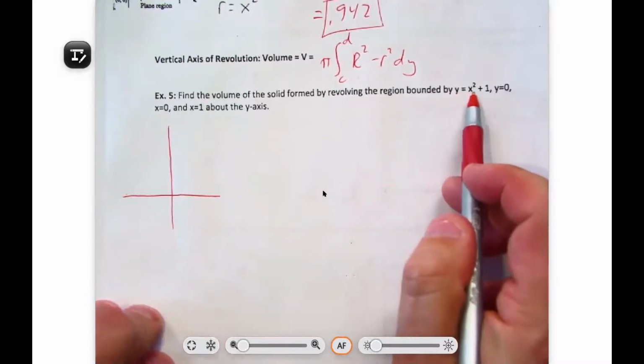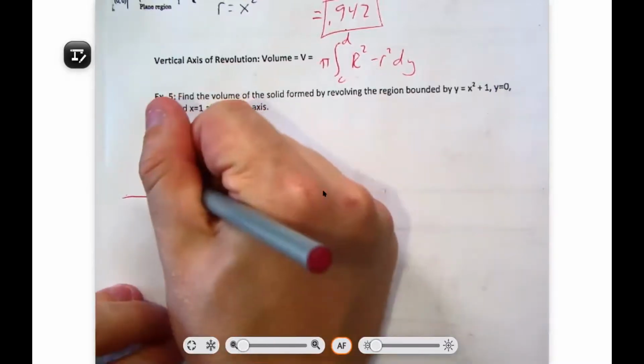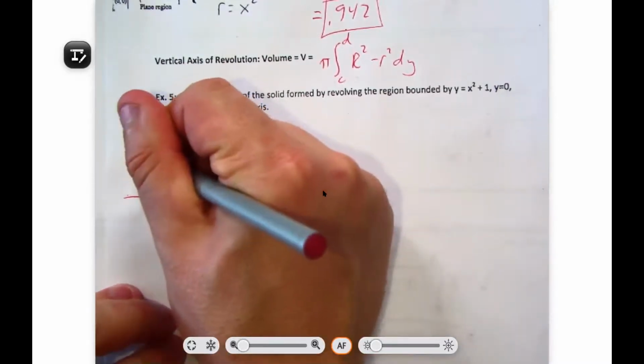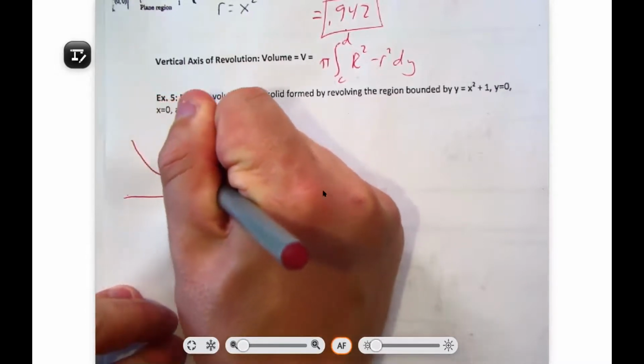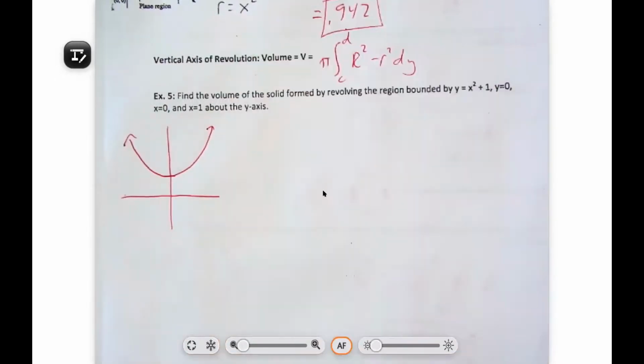So y equals x squared plus 1. That's your parabola. Shift it up 1 unit. It's ugly. So that's y equals x squared plus 1.